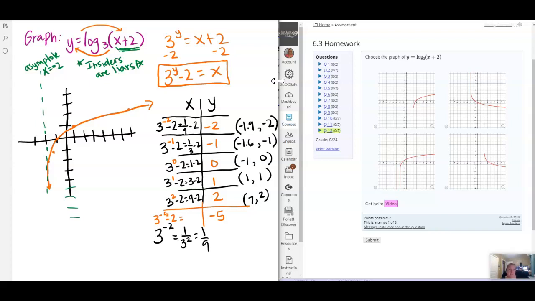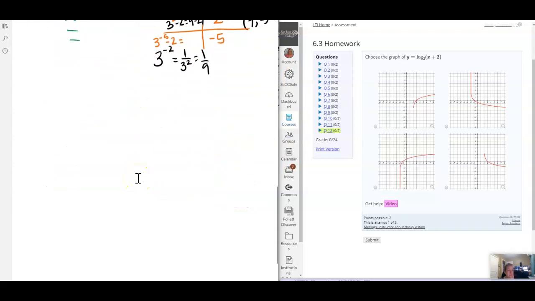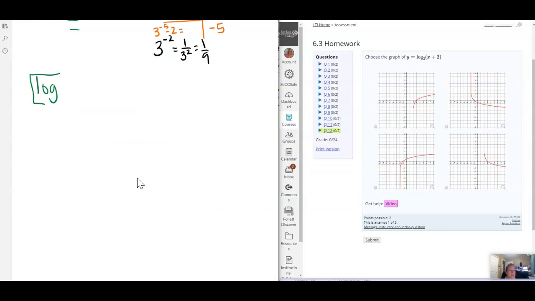In 6.5, you'll be talking about natural logarithms if you haven't gotten there yet. So everybody get out your calculator, and I want to make sure you have found the buttons that you're going to need on this. Some buttons will just say log, and some might say log of x, or some will say log base 10.